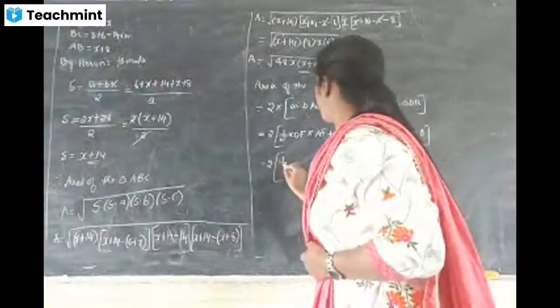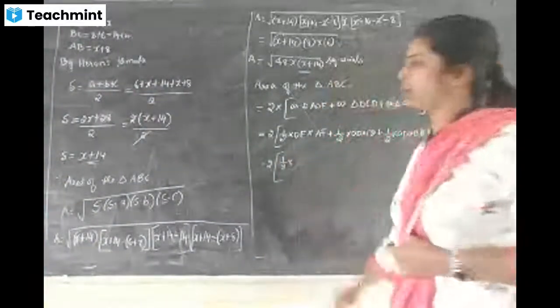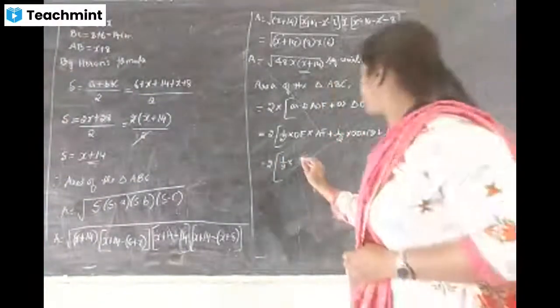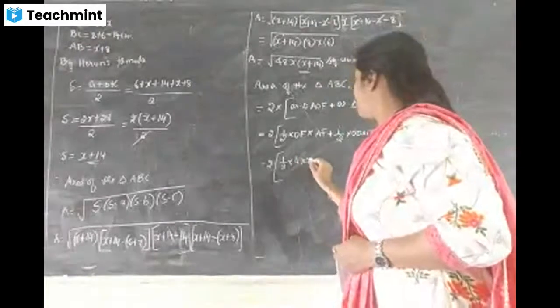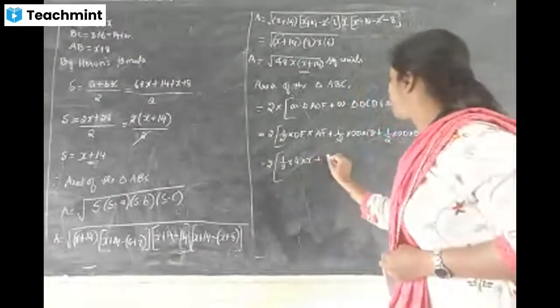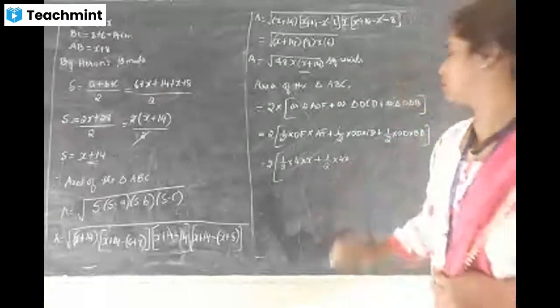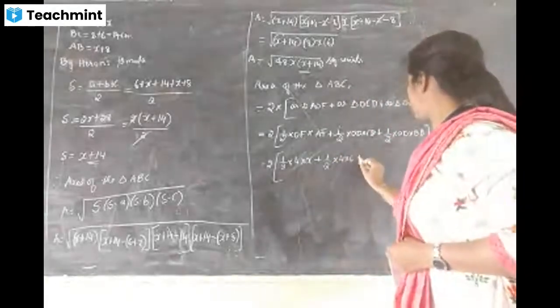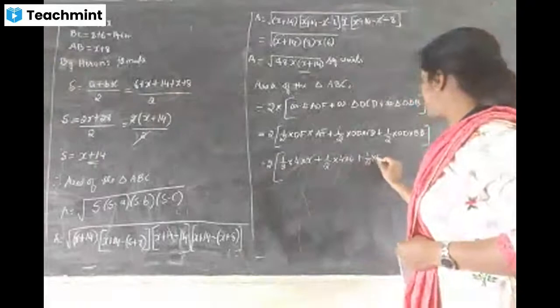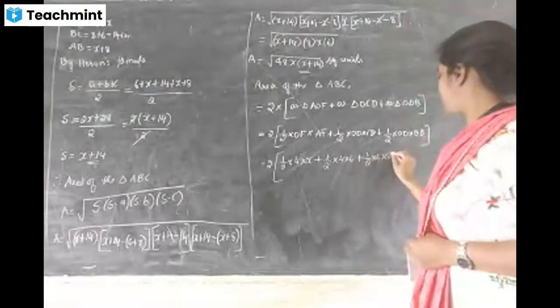Two into half. OF is the radius, it's 4. And AF we don't know, it is x. Plus half, this is 4. One more side is 6. Base is 6. Here half, radius is the same, 4, base is 8.